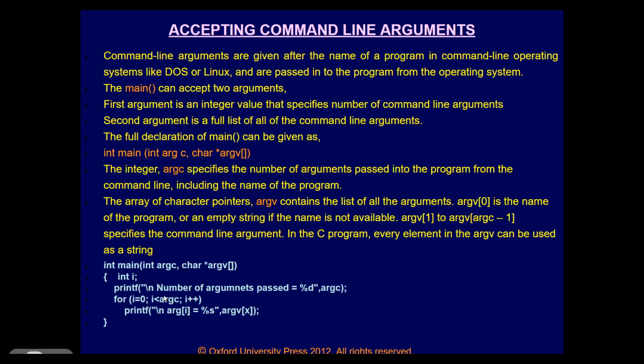From i equal to 0, i less than argc. So argc means the number of arguments we should include. For example, if it is 2, it will allow us to input 2 arguments. This is not x, this is i.